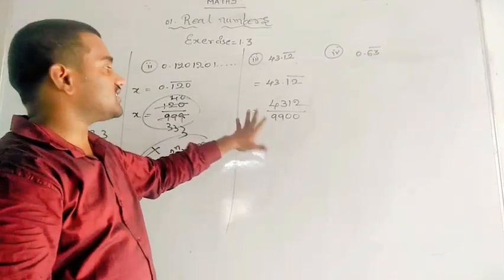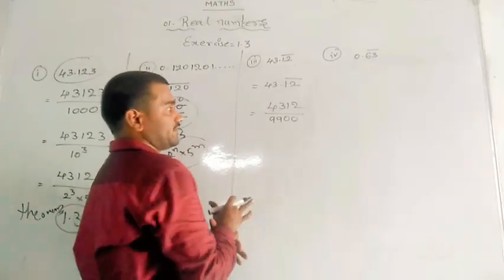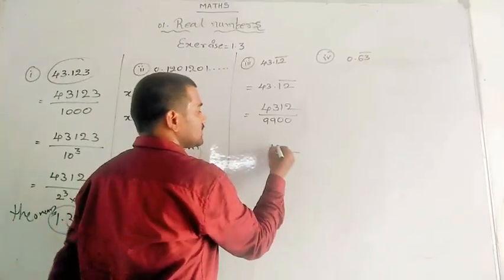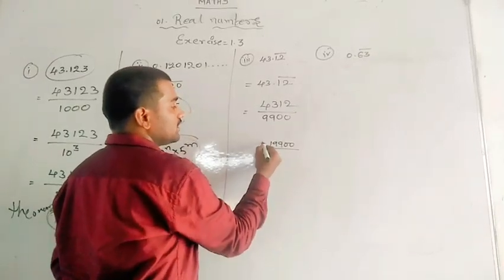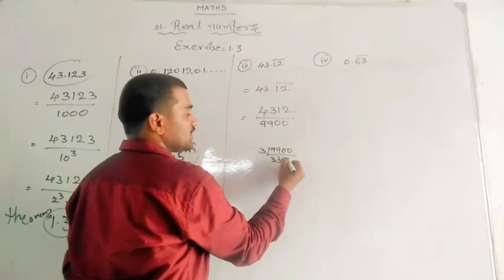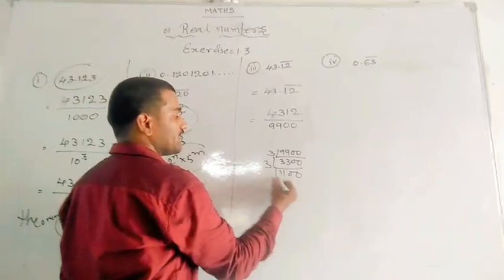We have to check whether it is terminating or non-terminating. So let's see, 9900. 3 threes are 9, 3 hundreds, and 1100.